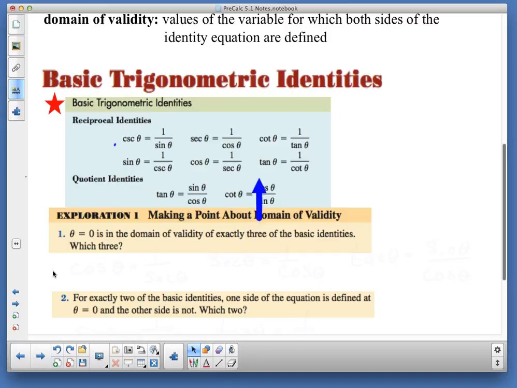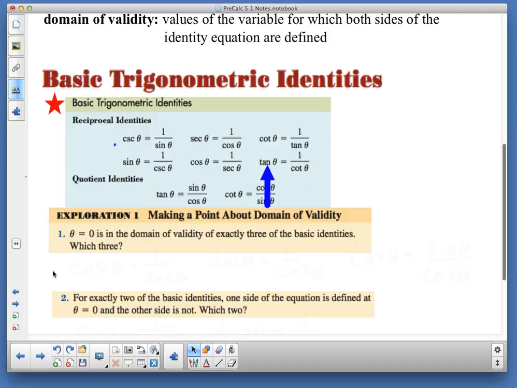Now we're looking at cotangent. Cotangent, however, is cosine over sine. The cosine of 0 is 1, but the sine is 0, so it's undefined. And if I look at tangent, the tangent of 0 is sine over cosine, which is 0 over 1, so that's 0. But 1 divided by 0 doesn't work.